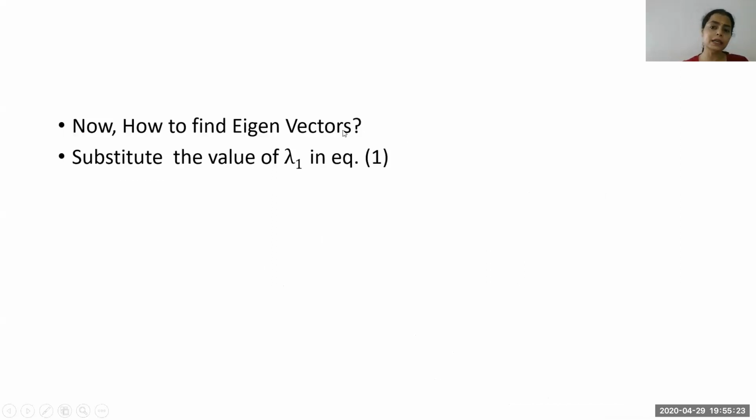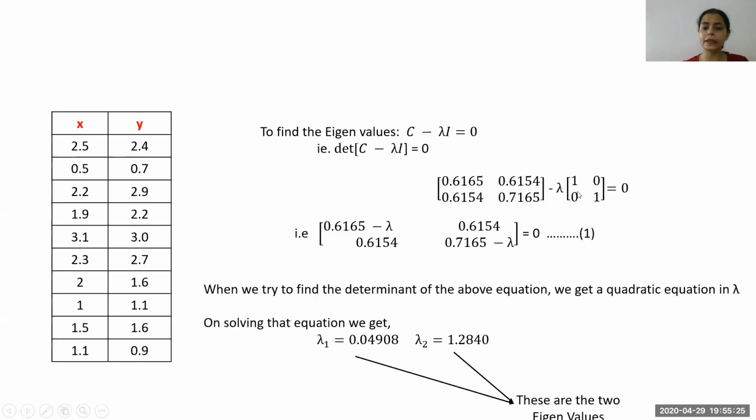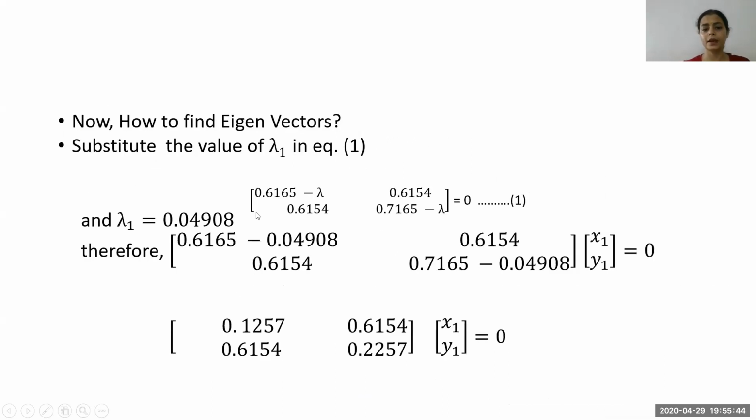Now, how to find the eigenvectors? Simple. This is our equation 1. In this equation 1, first of all, we will substitute the value of lambda with the value of lambda 1, that is 0.04908, which is the value of lambda 1. So instead of minus lambda, we will write 0.6165 minus the value of lambda 1.